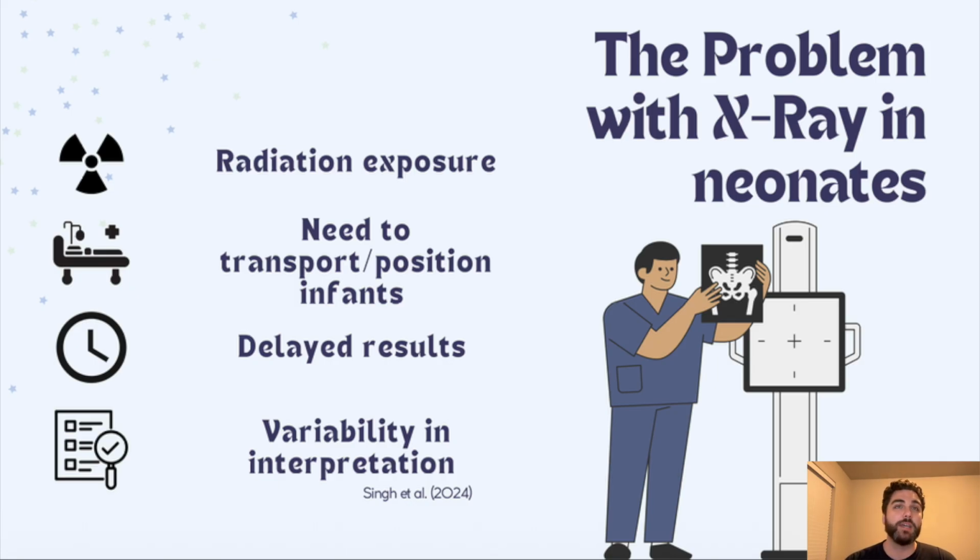And even then, interpretations can vary between differing providers. So lung ultrasounds really help to address all of these gaps formed by the chest x-ray. They are safer, they are more dynamic, and they're really reliable in terms of assessing the patients.